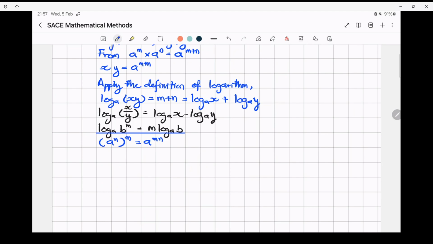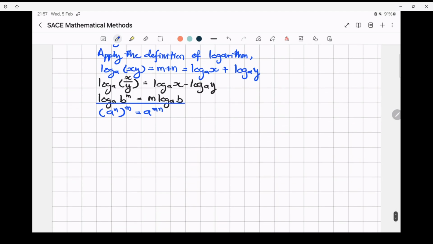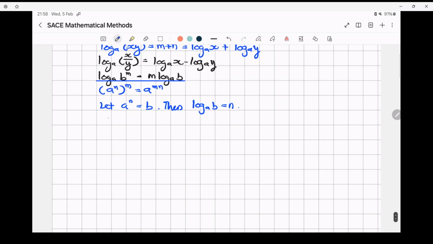So we let a to the power of n equal b, for example. Then by definition, log base a b equals n. So a to the power of n is b. So from the identity above, b to the power of m is a to the power of m n.